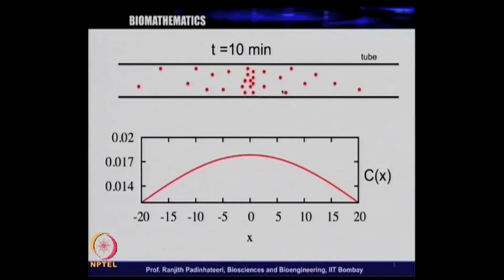The molecules will diffuse. Even at this time, the concentration is still highest at the center, but there are some molecules as we go along the tube to the left or to the right. So this is the concentration profile, and the diffusion equation is the equation that deals with this spread of the concentration.